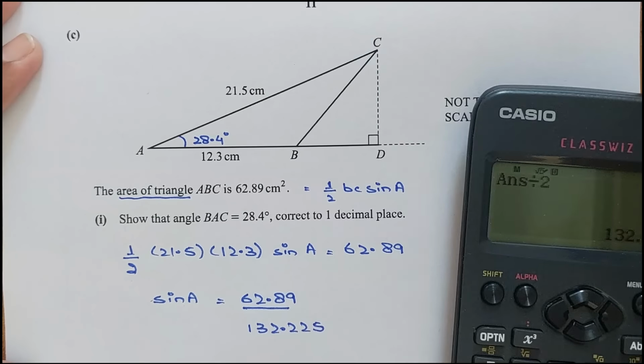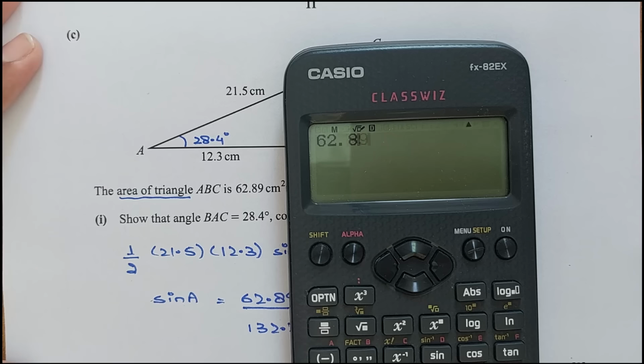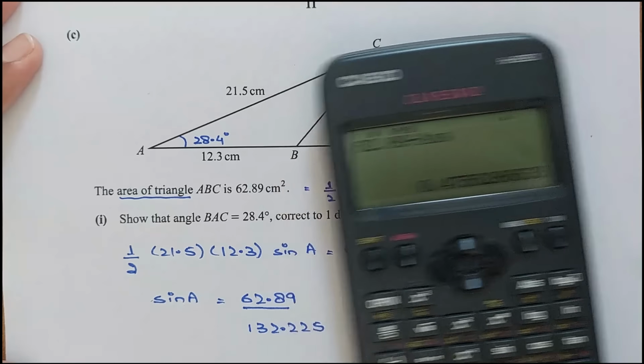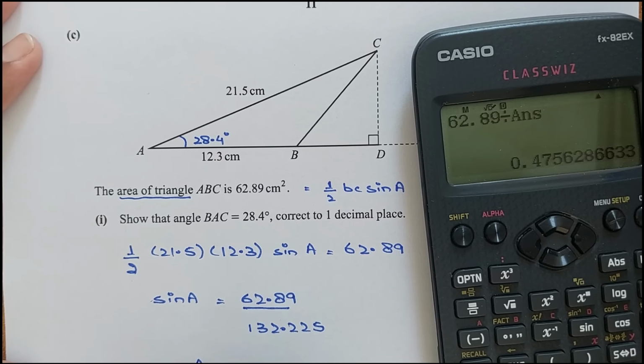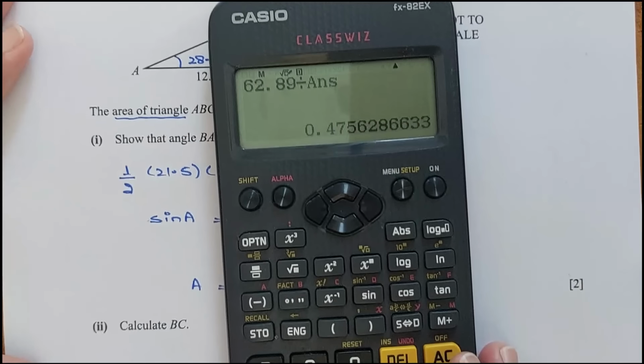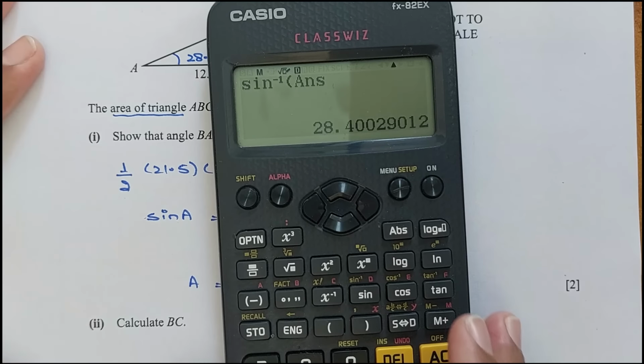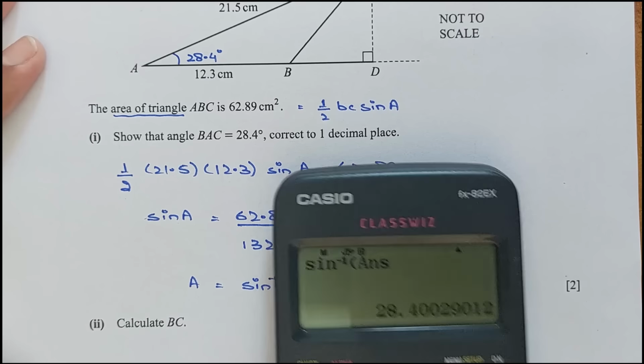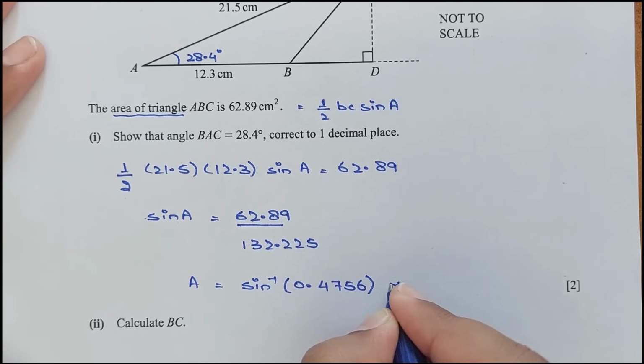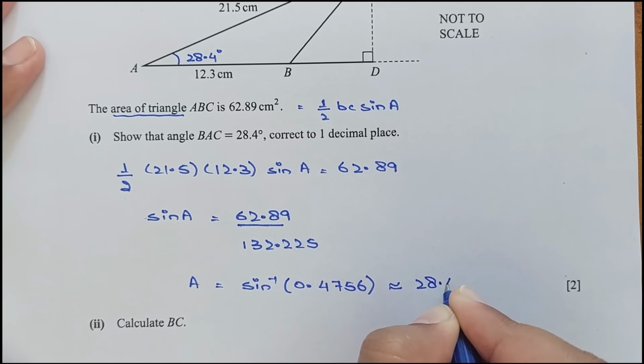Now 62.89 divided by the answer. So angle A is equal to sine inverse of 0.4756. So sine inverse of the answer is 28.4, correct to one decimal place. Yes, this equals 28.4 degrees.